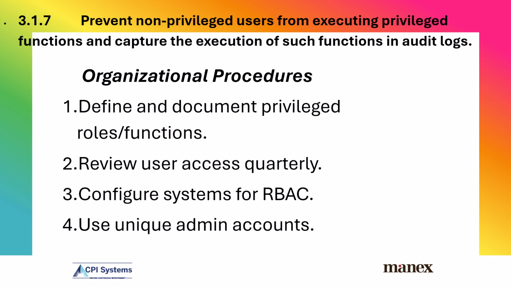This is suggested and could be more frequent. Schedule regular reviews to detect and remove unnecessary privileges. Remember to clearly show this process in your SSP, or System Security Plan. And remember, for these items, you'll need to configure systems for RBAC and use unique administrative accounts.